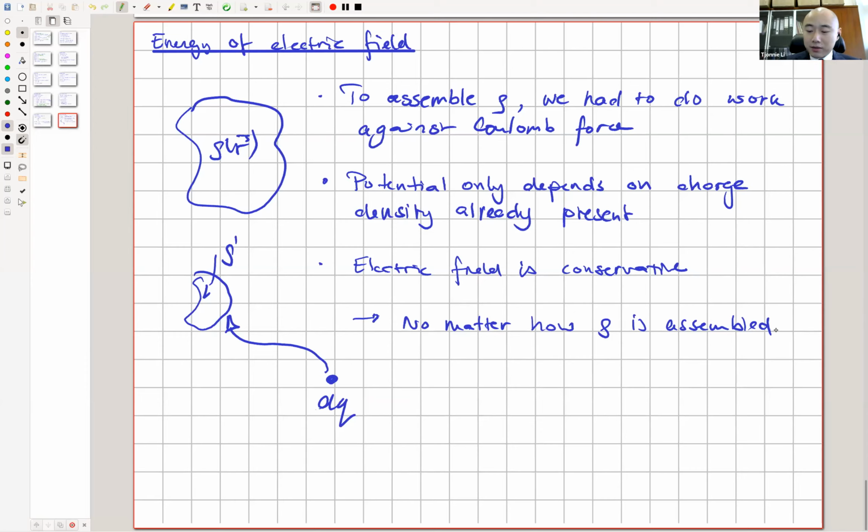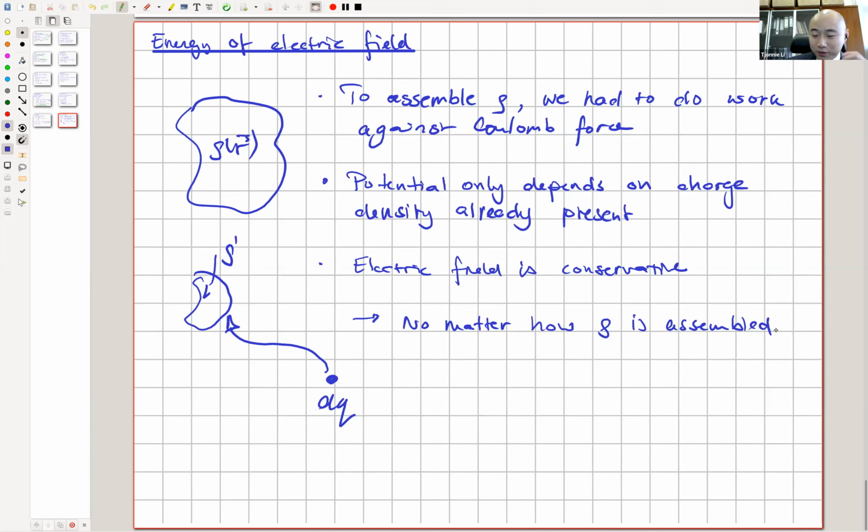Under these circumstances, it makes things much easier, since we can ignore how the charge is assembled. So we do a small mathematical trick. I think Griffiths brings certain charges in and out in what is, from my point of view, a rather complicated way.